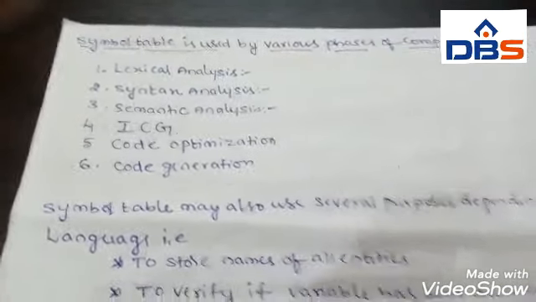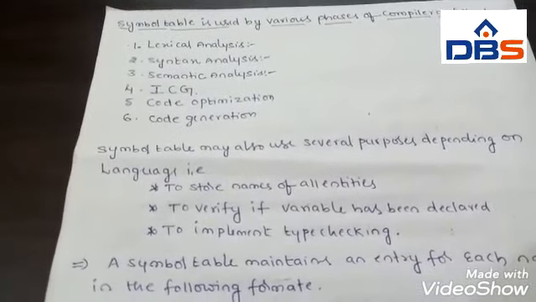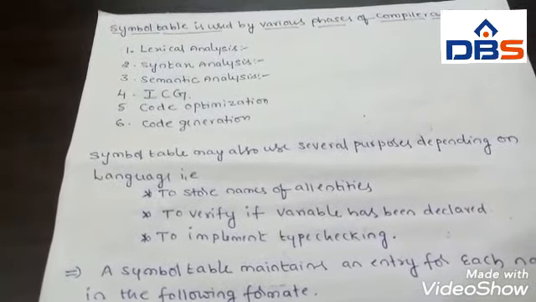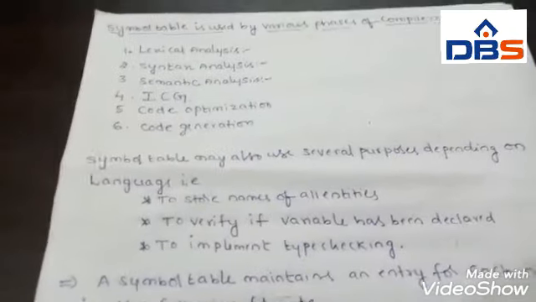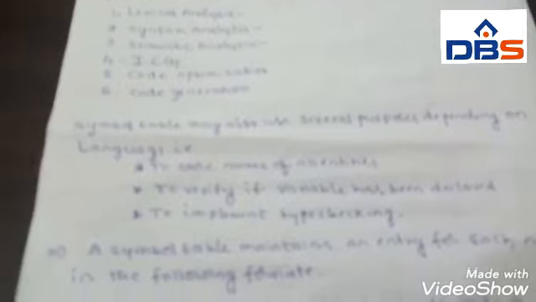Next, more information about the symbol table. A symbol table may serve the following purposes depending upon the language in hand. First, to store the names of all entities in a structured form at one place.